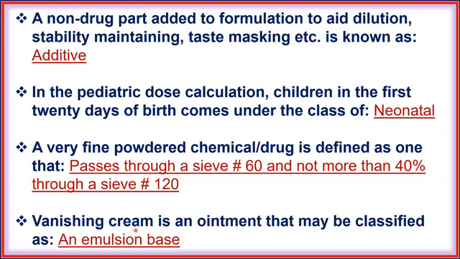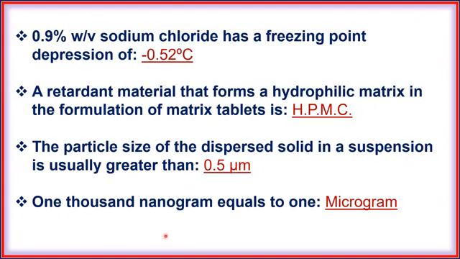Next, vanishing cream is an ointment that may be classified as an emulsion base. Next, 0.9% weight by volume sodium chloride has a freezing point depression of -0.52 degree centigrade.